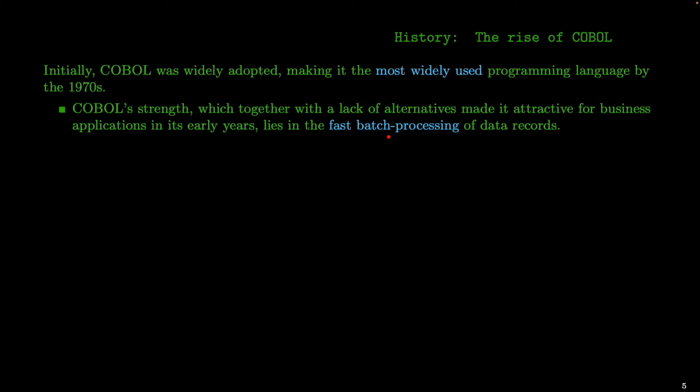So basically reading data records of a certain structure from a file, processing them, writing them back out to a file, and doing that with huge amounts of records of the same data type. What you wouldn't use it for is high performance computing, a web server, something like that. That is really not something COBOL was made for, and even today is not really good to do with COBOL.